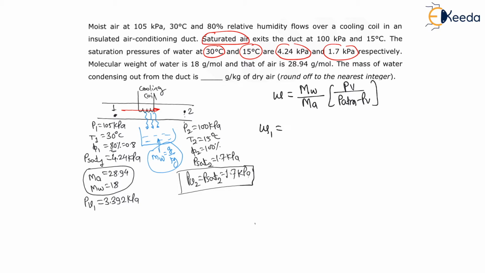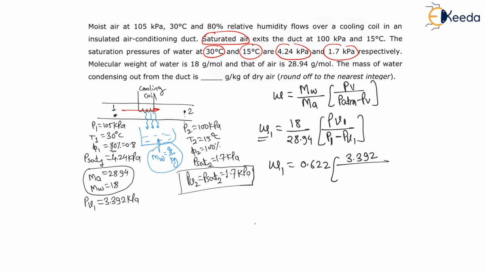Molecular weight of water is 18, molecular weight of air is 28.94, into PV1 divided by total pressure 1 minus PV1. This ratio becomes 0.622 into PV1. The vapor pressure at 1 we have calculated as 3.392 kilopascal, divided by total pressure at 1, 105 kilopascal, minus 3.392 kilopascal.